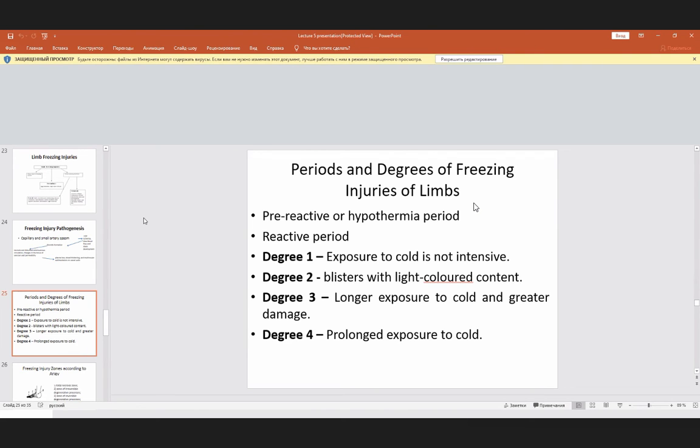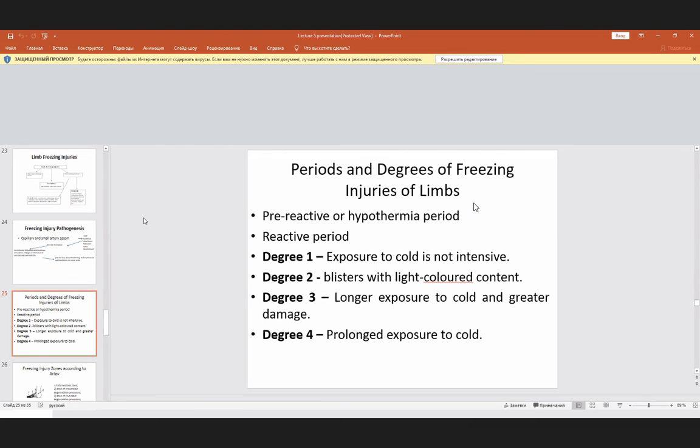During the limb warming, redness, tingling, burning pain, and edema are observed. Skin is cold, with redness of the skin color. Classification. Degree 1: response to cold is not intensive. Tissue hyperemia; skin pallor is replaced with hyperemia after warming.